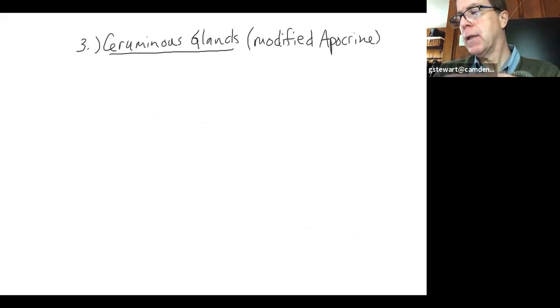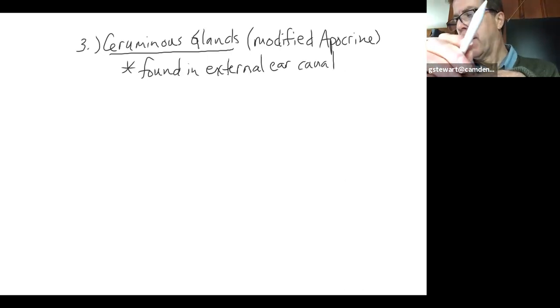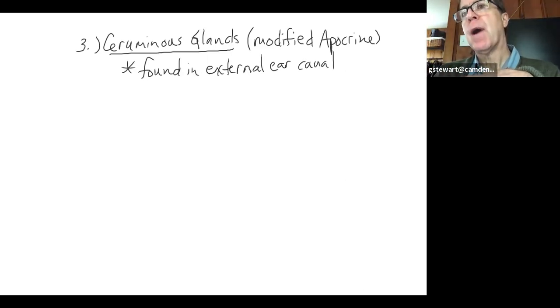And we find these only in the external ear canal. And the secretion of these modified apocrine glands is actually called cerumen.